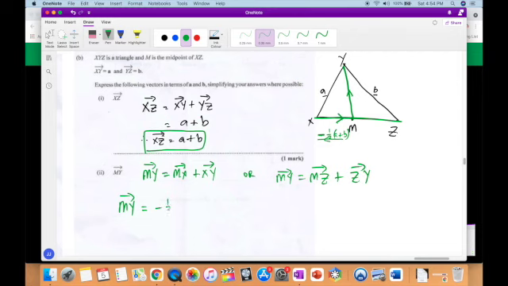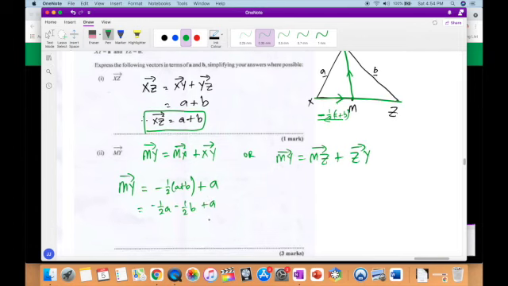So minus a half of A plus B, that is MX, plus XY, which is just simply A. So that gives me negative a half A minus a half B plus A, which gives me the answer here. A minus a half A is just simply a half A minus a half B.